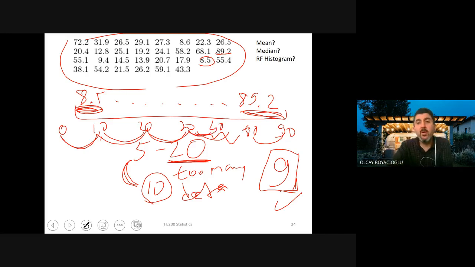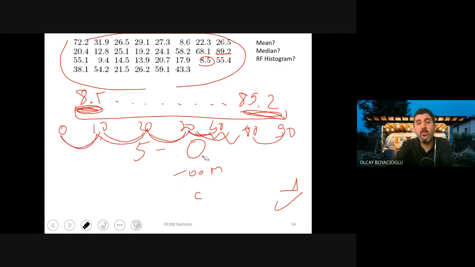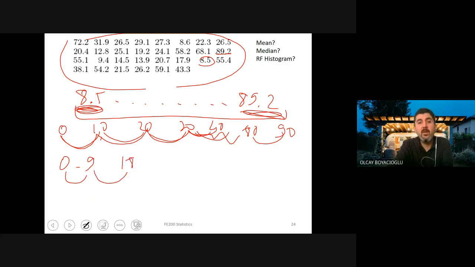All right. So for example, if I try to create 10 classes here, then what would it be? Let's say I'm trying to make an even number of classes. Then it will be something like that. 0 to 9 is one class, and then 9 to 18 is another class. 18 to 27 is another class, right?